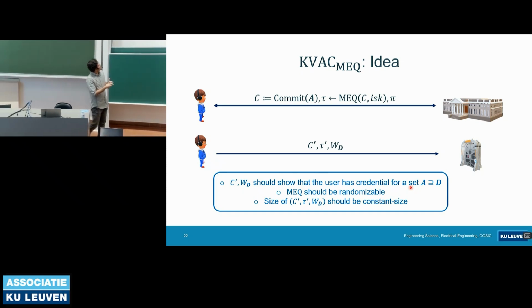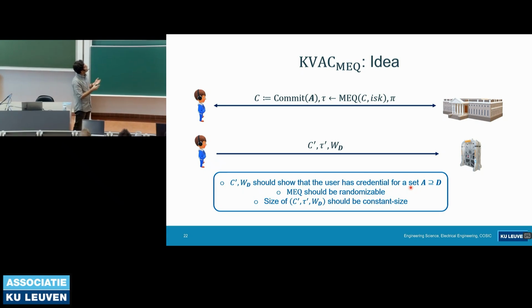The first one is that C prime and WD should show that the user has a credential for an unknown set A, which is the superset of D. The MEC should be randomizable because we want to randomize it in the showing phase so that it is unlinkable to the issuing phase. And the size of C prime, tau prime, and WD, which is our show, should be constant size.